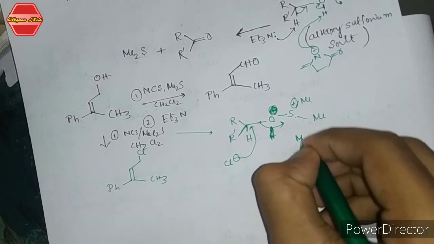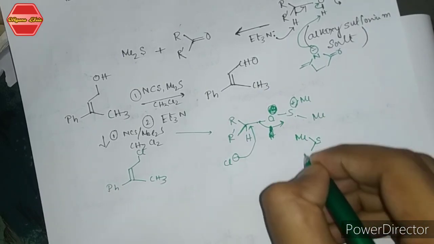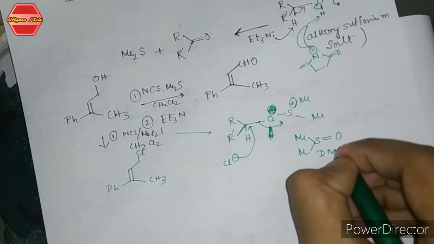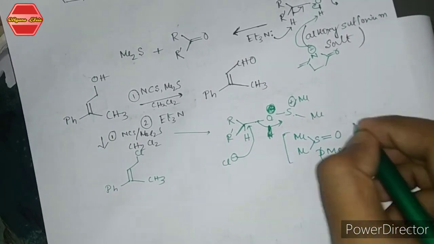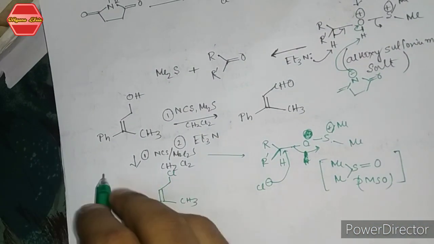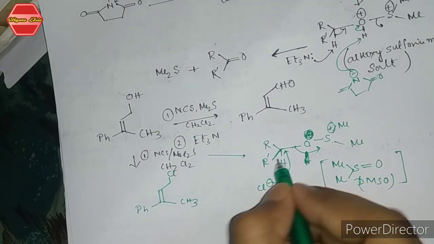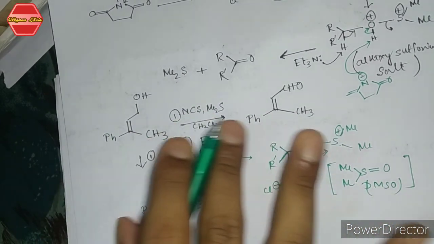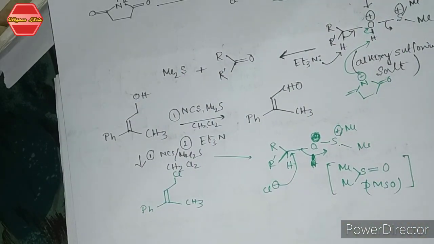Then this is, I think you know, dimethyl sulfoxide, that is DMSO. Okay, this will leave your system. Now see how the reaction will proceed. Now this similar mechanism is also present here. So okay, this is your overall Corey-Kim oxidation.